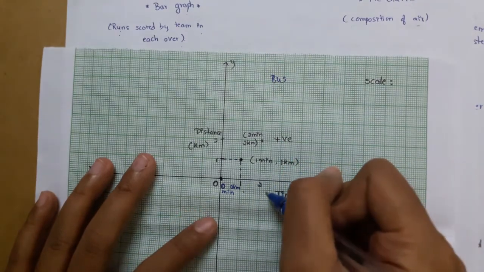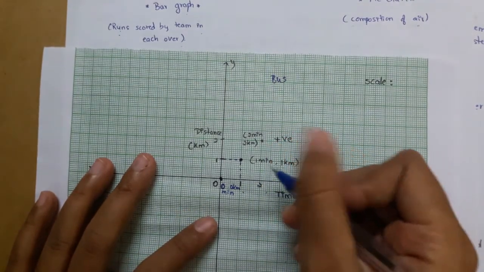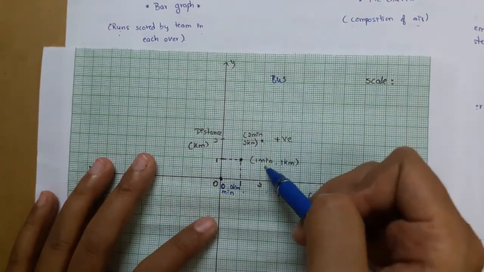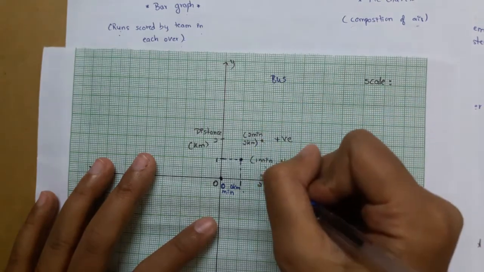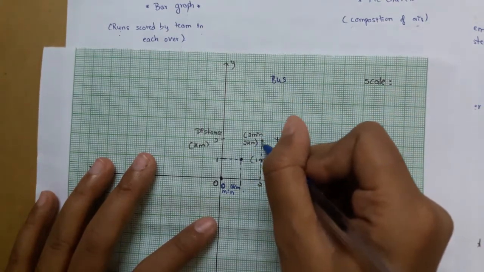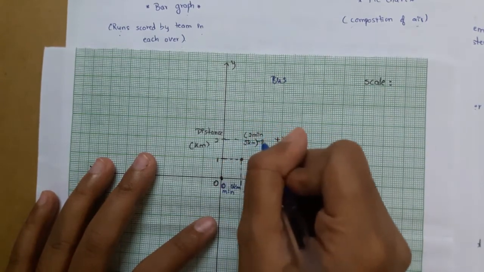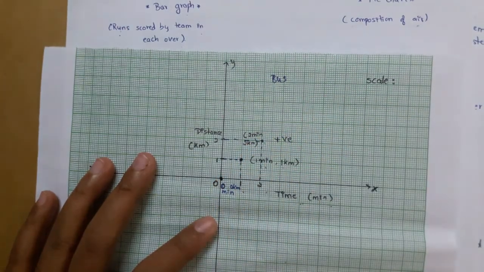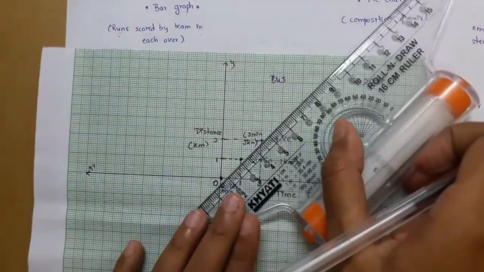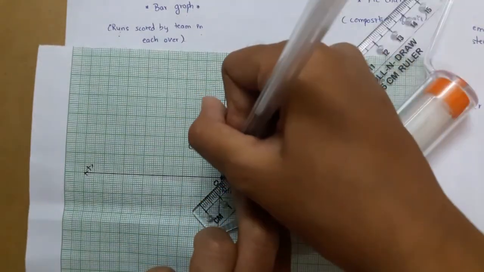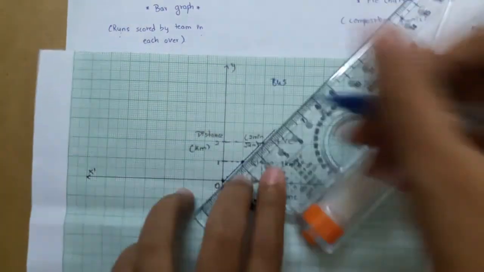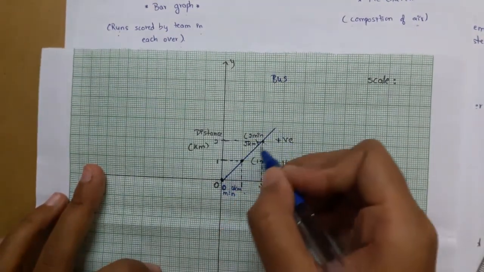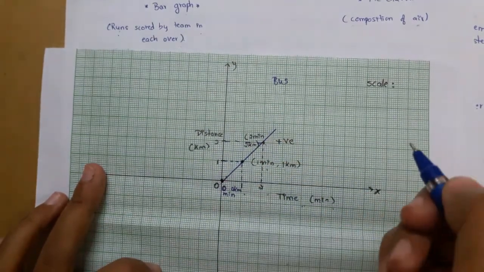After 2 minutes you noted the time again and saw the distance was 2 kilometers. So the bus travelled 2 kilometers in 2 minutes, that is here. Now let's draw a line from here to the center point. So this is a straight line. This shows the distance-time graph.